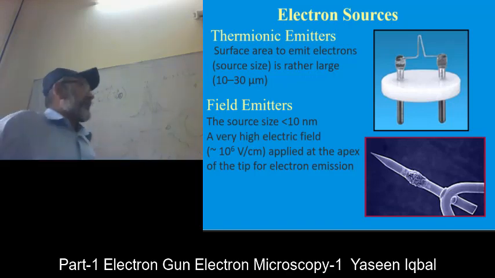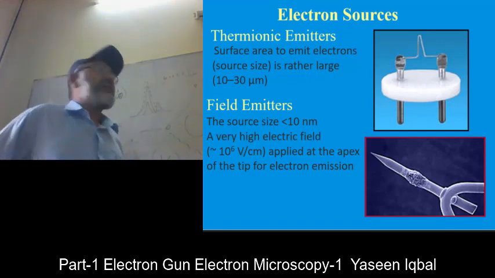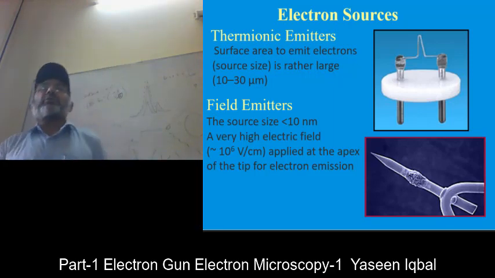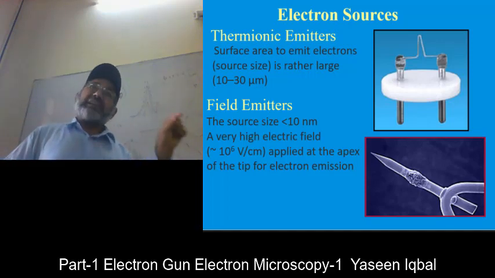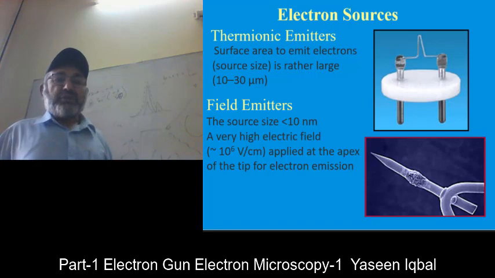In the field emission gun, the source size is about 10 nanometers, and a very high electric field, 10 to the power 6 volts per centimeter, is applied to take out the electrons by the force of the field. The field pulls out electrons from the tip, so the tip must be very thin so that the electrons appear on the surface.